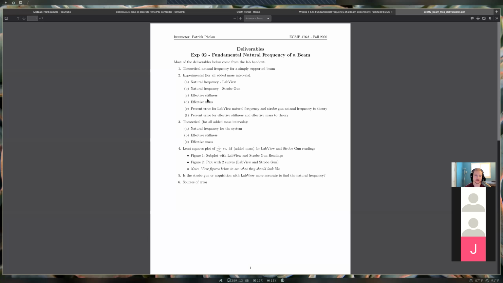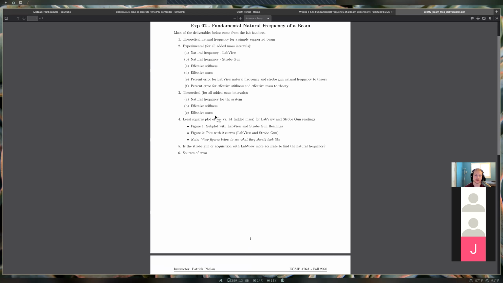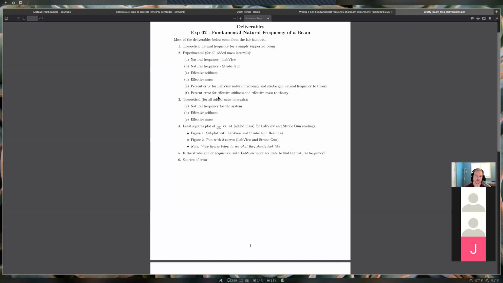Okay, so effective stiffness and effective mass, and you're also going to show the percent error for both of those compared to the theory. And we calculated that again in the code. And then we have the theoretical calculations for all added mass intervals once again. So we have the natural frequency for the system and the effective stiffness and effective mass.